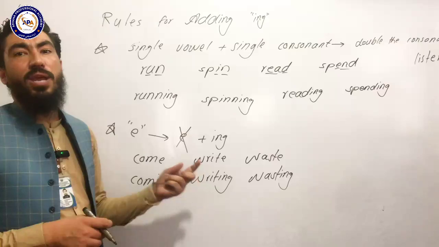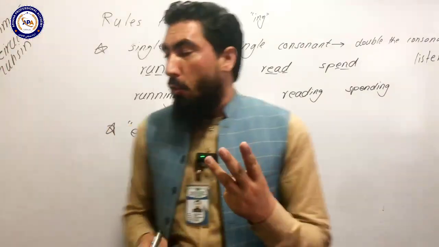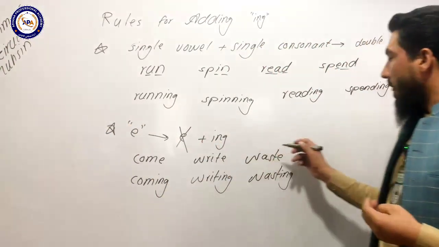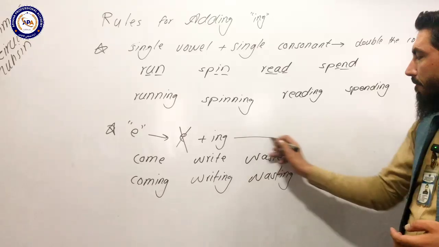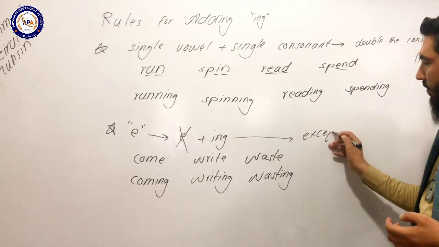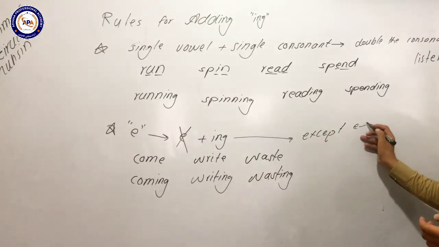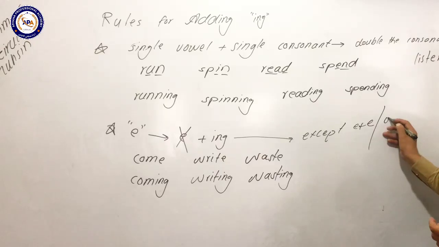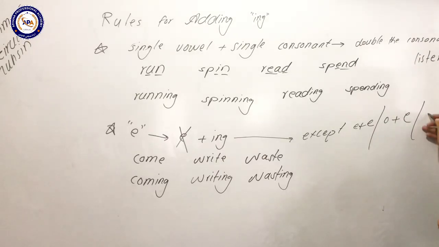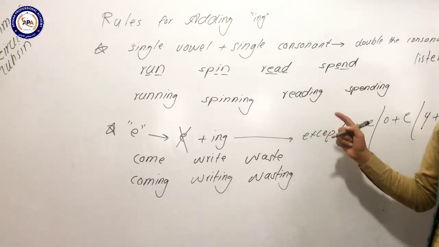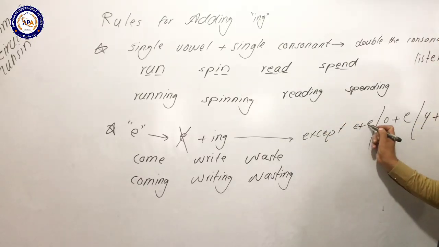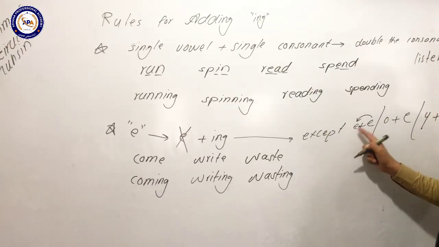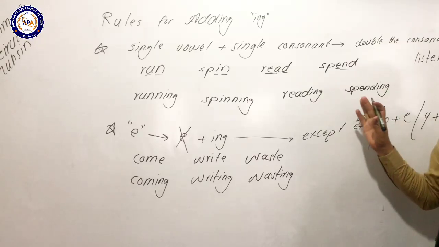Also, here we have three exceptions. When a verb ends in E, but before E, except E plus E, O plus E, and Y plus E. What it means is, when a verb ends in E, and before E there is another E, we do not remove it.